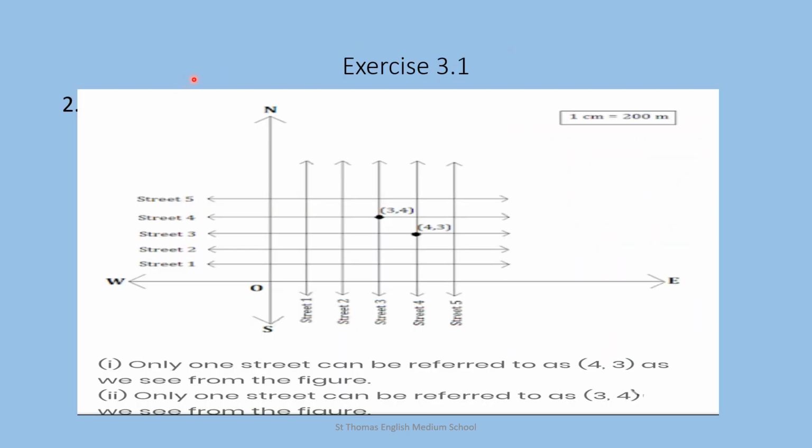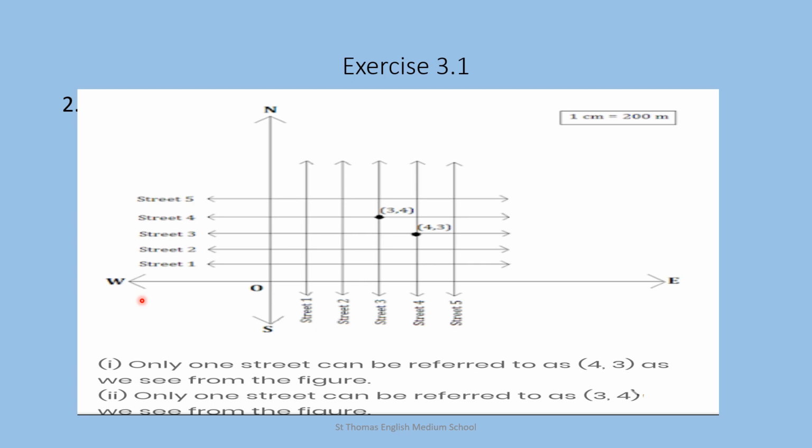In exercise 3.1, question number 2, you go through the textbook for the question. It is given a city has two main roads which cross each other at the center of the city. These two roads are along the north-south direction and east-west direction.